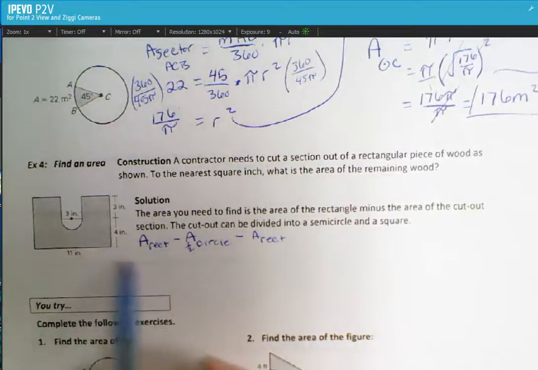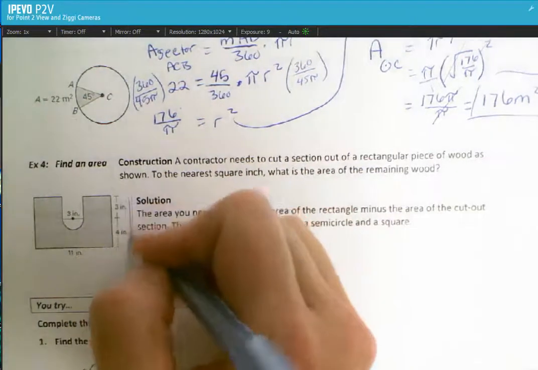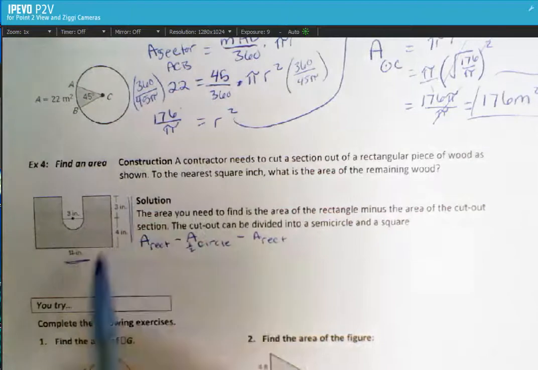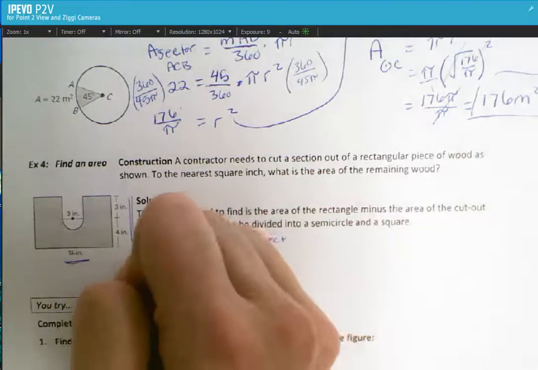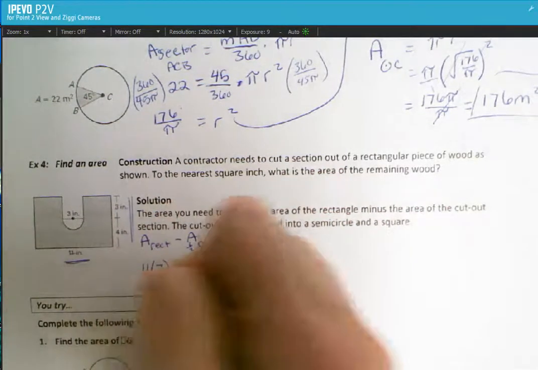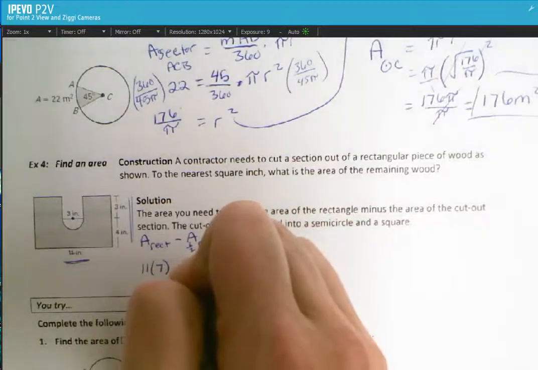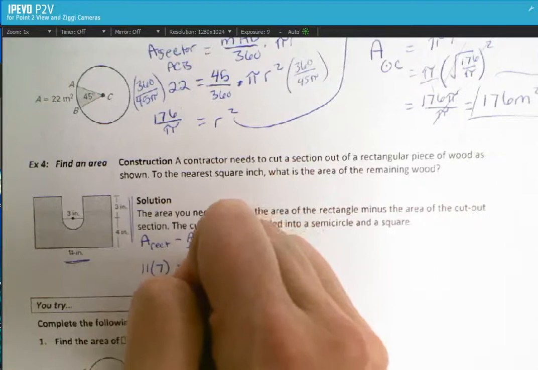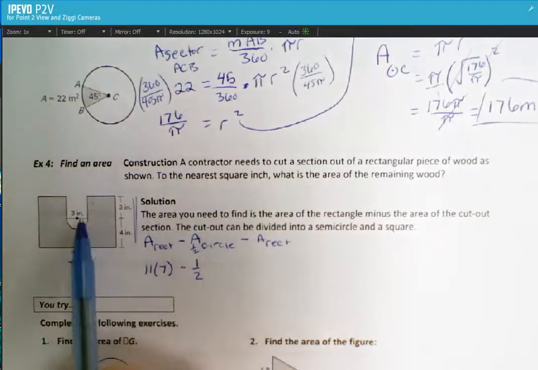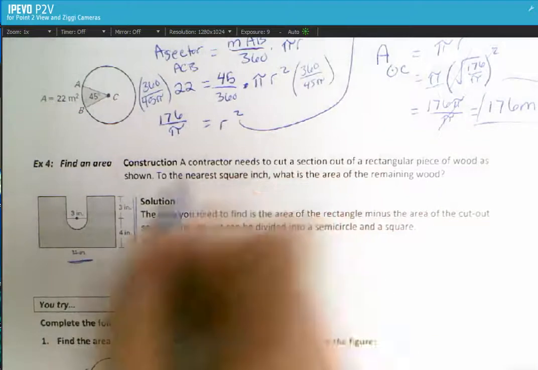So the area of the big rectangle is base times height, or length times width. So this whole thing is 7 times 11. So I'm at 11 times 7 minus 1/2 the area of the circle. So the area of the circle is pi r squared.